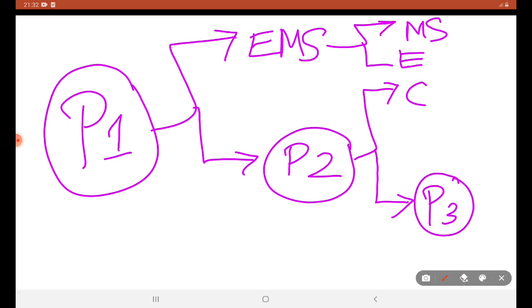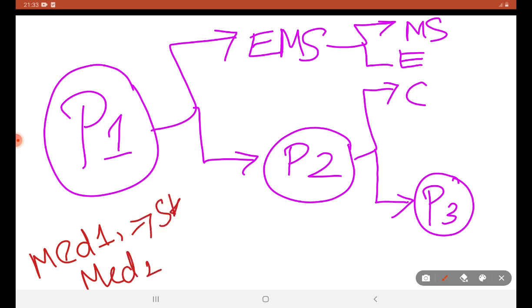Now, MED-1, MED-2, all these things will help SKN1 and stimulate P1. And these things will inhibit PAL1.